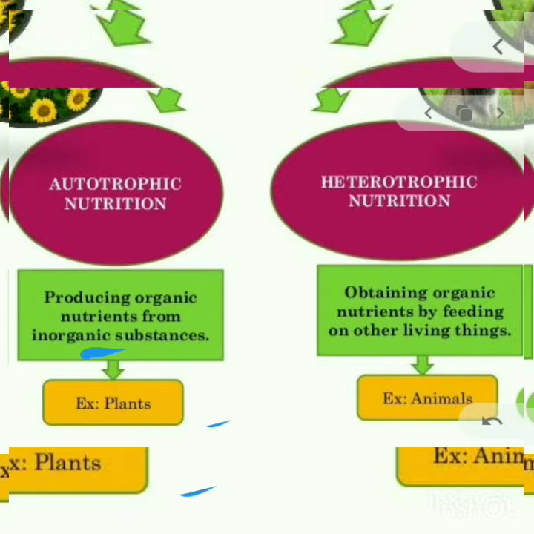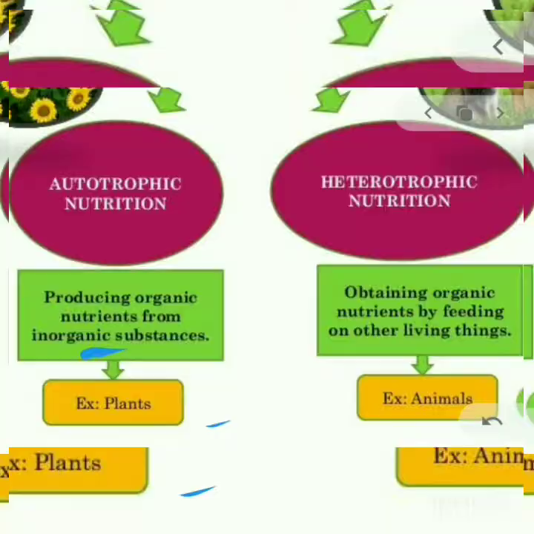Whereas heterotrophic nutrition means obtaining organic nutrient by feeding on other living organisms, like we have seen just now, such as saprophytes, parasites, or we depend directly or indirectly on plants or animals for our survival, whereas autotrophs are plants only which manufacture their food themselves.